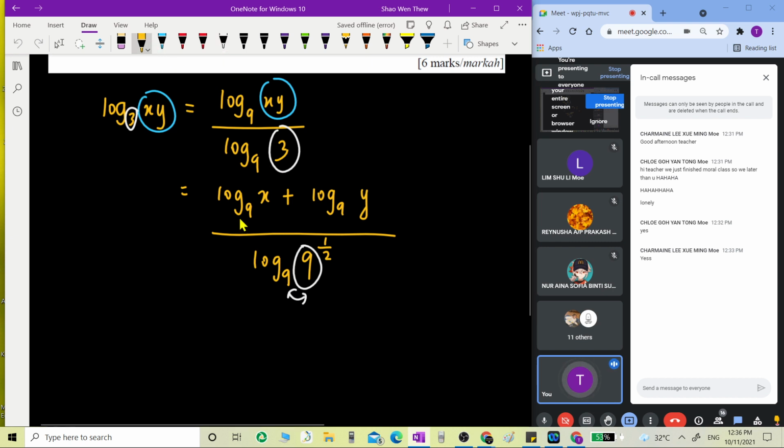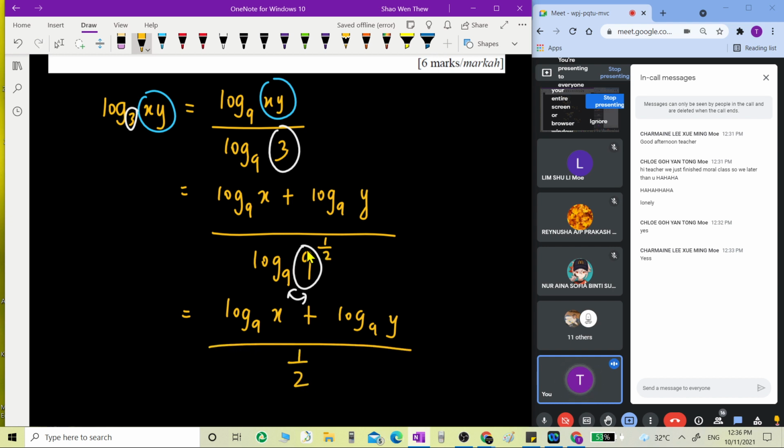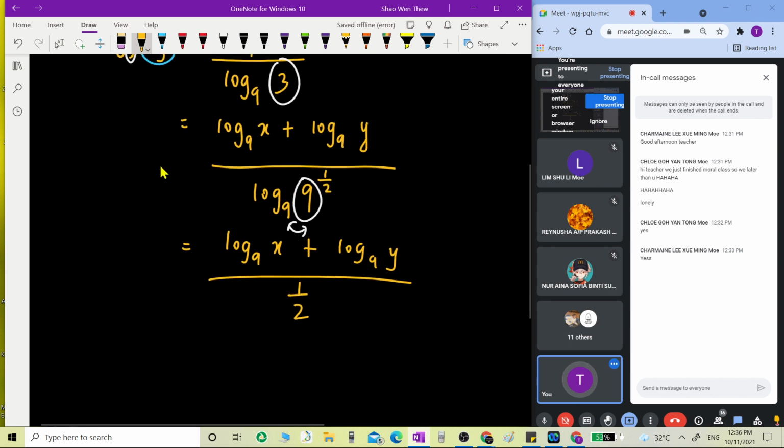And then this one you can bring the 1 over 2 to the front. So log 9x plus log 9y over 1 over 2. This one is 1, right? No need to write. So you bring 1 over 2 down. Make sure you know this thing: here we have two terms divided by 1 over 2, means that this term divided by 1 over 2, and 1 divided by 1 over 2.